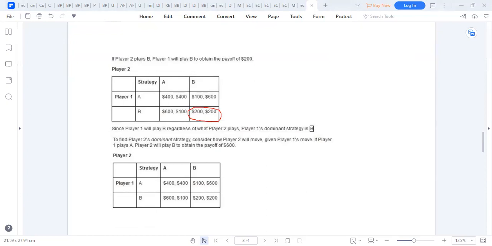So the question is, what is a Nash equilibrium? Do you understand what a Nash equilibrium is?